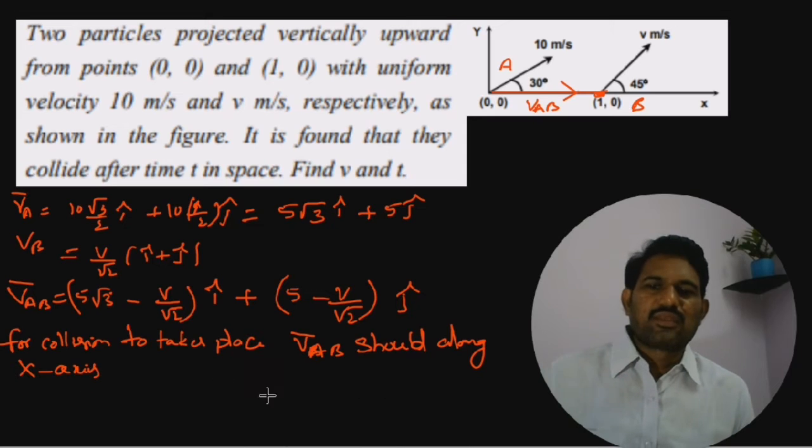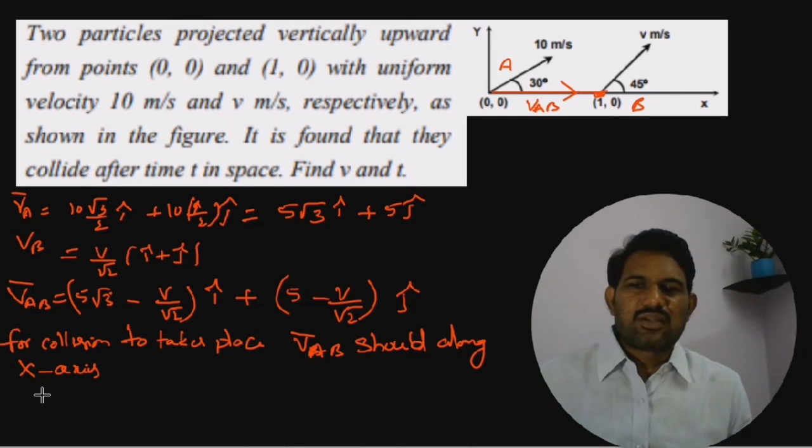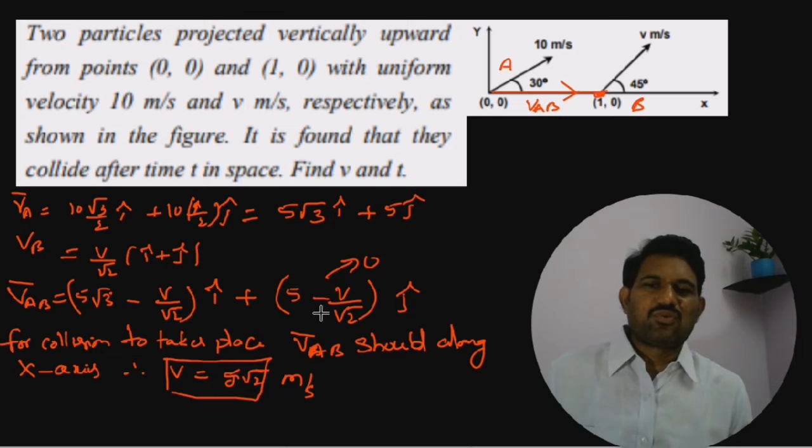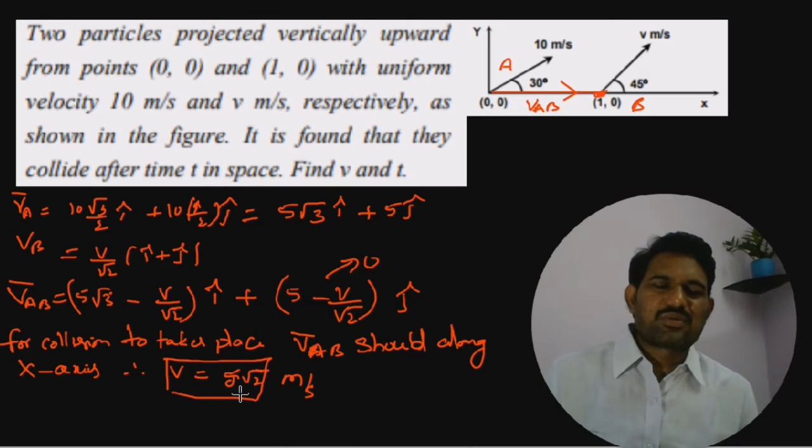And so along x-axis means this y component you can write as V is equal to, directly I am writing here, you will get 5 root 2 meter per second. So this is our velocity of this point here. That means this value I am equating to 0 here. This y component should be equal to 0. Then from that you can write this value as V is equal to 5 root 2.